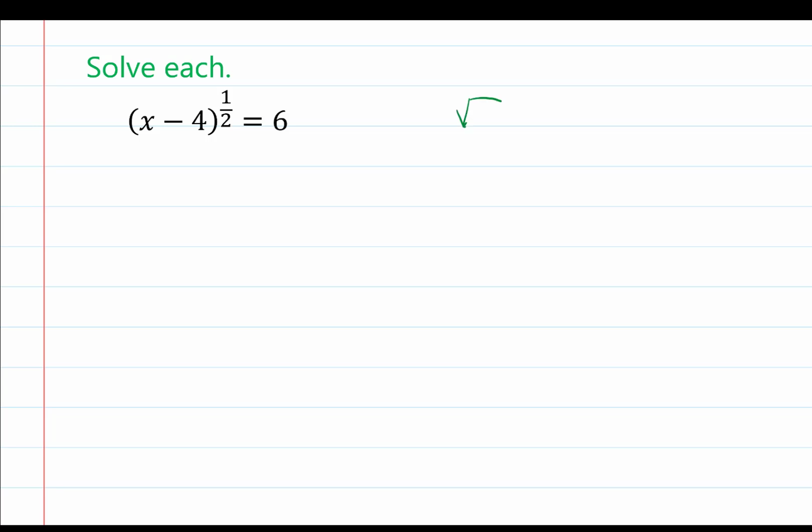So for example, in general, we'd say the nth root of x to the m power is really equal to x to the m over n. Well, in this case, 1/2 really means that what you have is the square root of x minus 4, because the index is 2 and the power of x minus 4 is equal to 1. So what we really have, in fact, is a square root, just not written in that form.